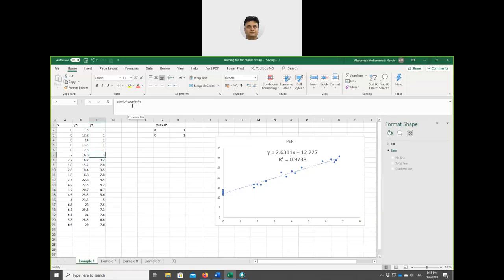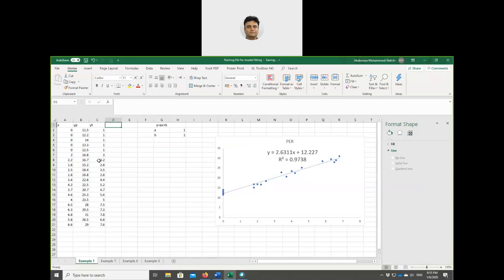So it means that for each x that I have here, based on my guess that a and b are equal to 1, I calculate theoretical data.